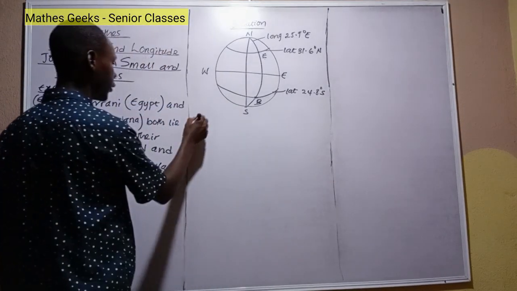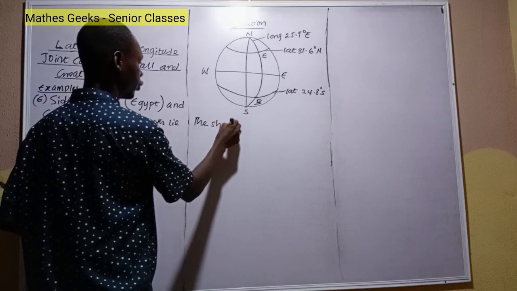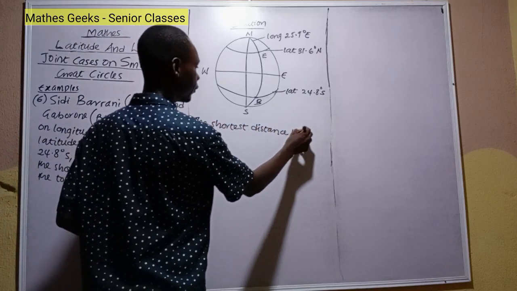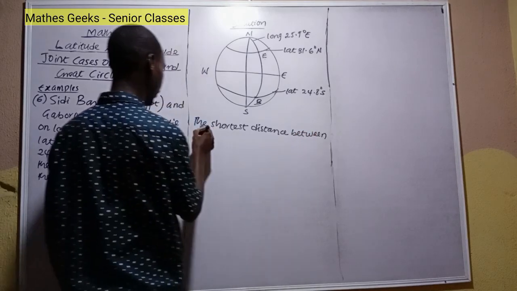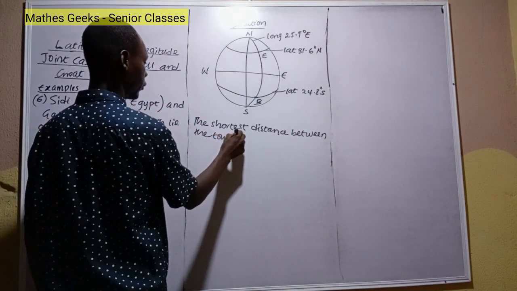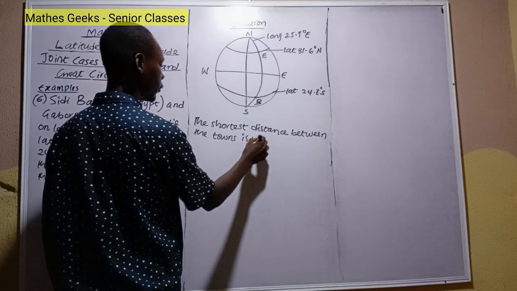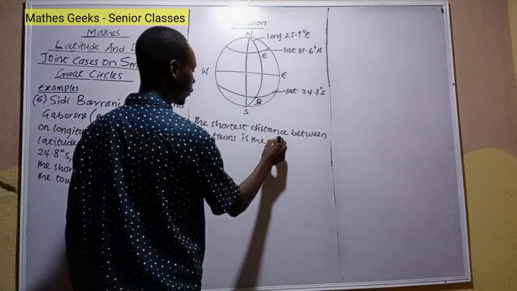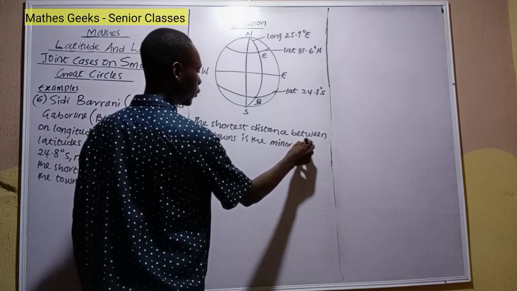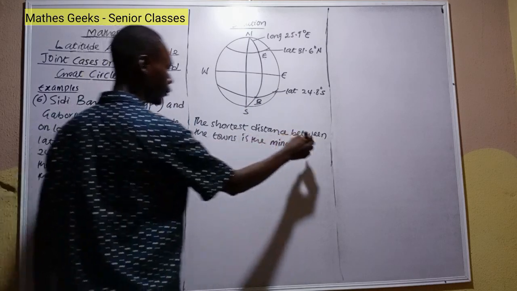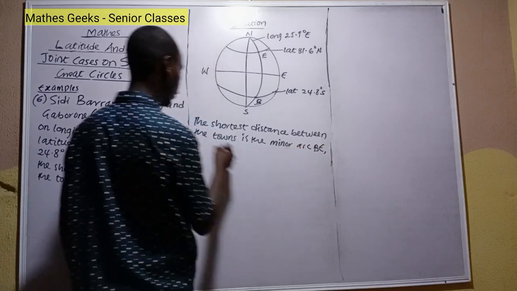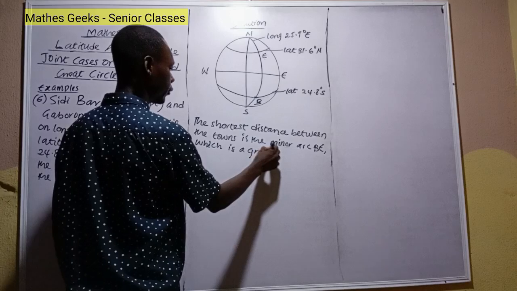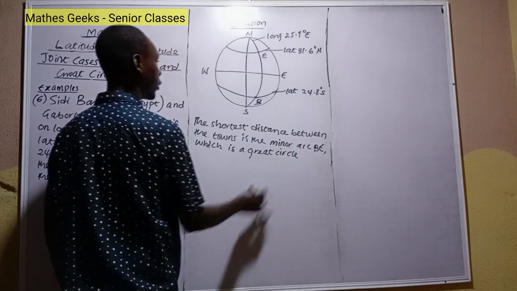The shortest distance between the towns is the minor arc BE, which is a great circle route.